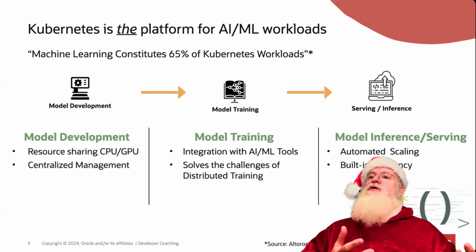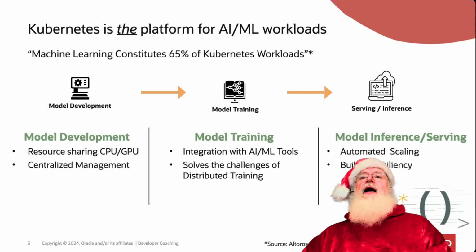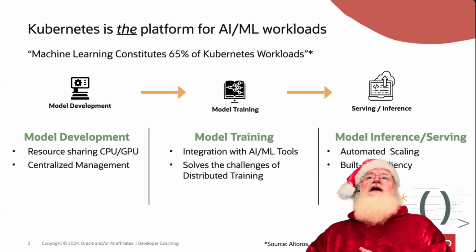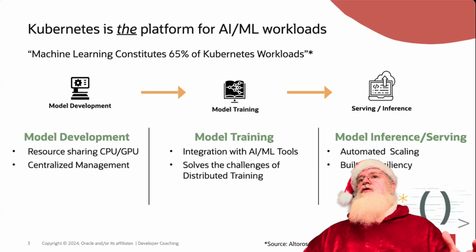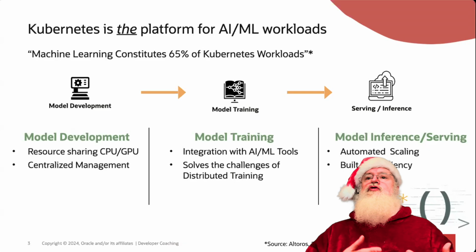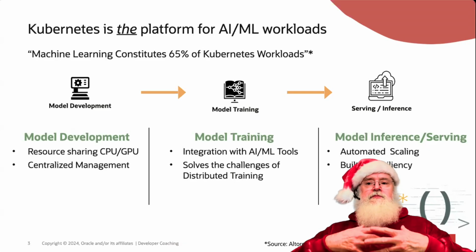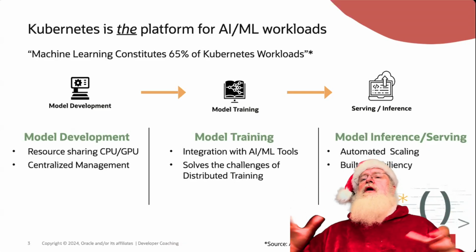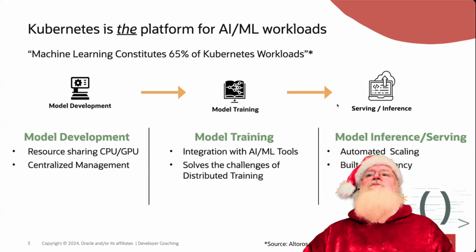Sometimes that's going to be GPU based, sometimes it's not. And that is particularly an area where the scalability of Kubernetes is important, whereas on the training, it's the ability to run all of these workloads and do all of that workload management.